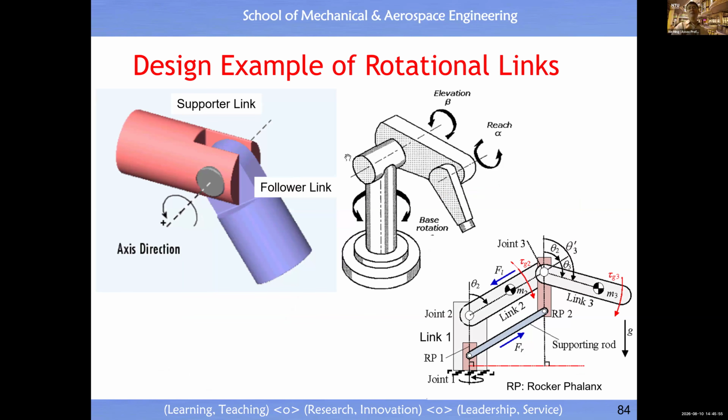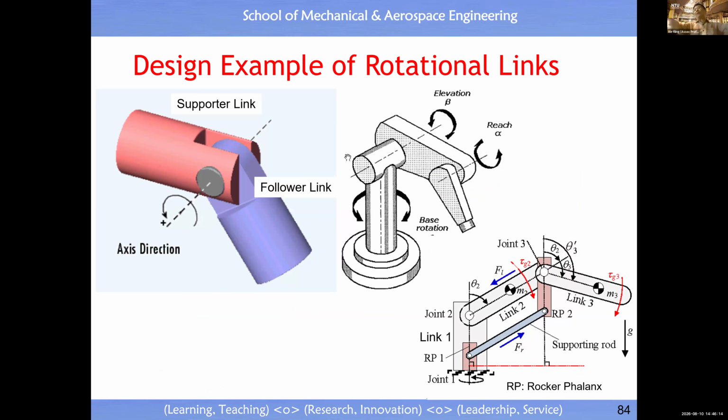And here are some examples of the link. Okay. And two adjacent links will be connected by the joint, right? In that sense, we have terminology to name the links.